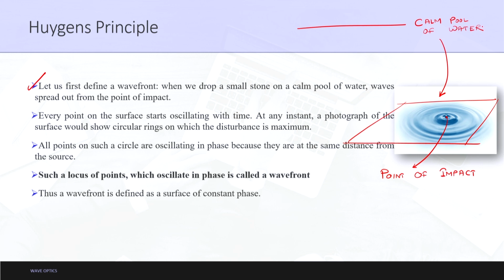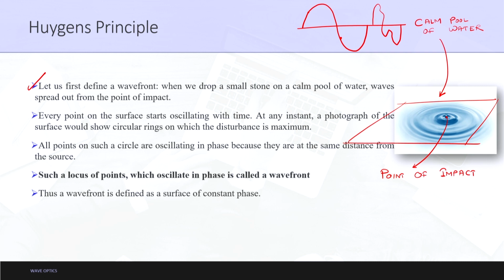If with time I make a diagram, if the movement is like this or like this, then at any point at time t, this is the highest displacement at that particular point on the surface. So, every point on the surface starts oscillating with time.